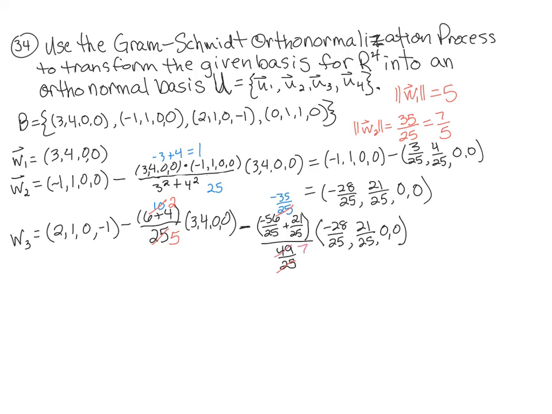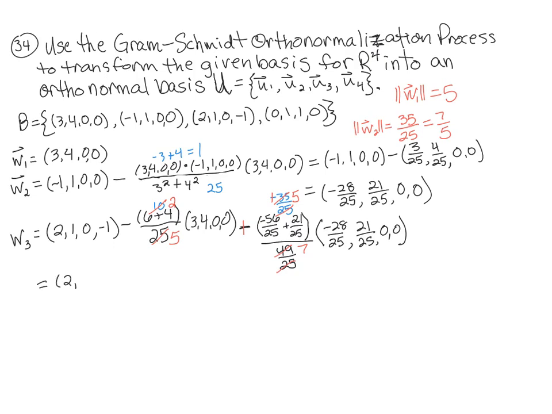So this gives me a 7 on the bottom and a 5 on the top. Negative, right? But minus a negative is a plus. So I've got 5/7 to distribute through this. Well, the 5 on the top is going to cancel with the bottom, and both of these numbers on the top are divisible by 7. So this vector simplifies down very nicely, kind of, sort of.